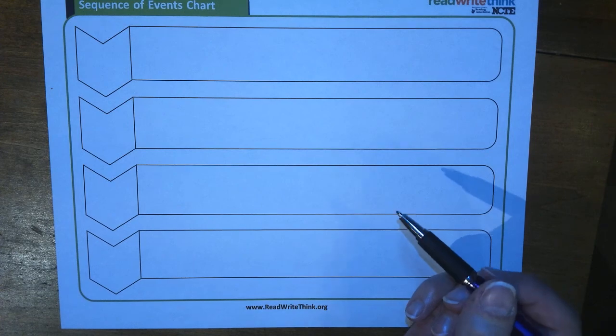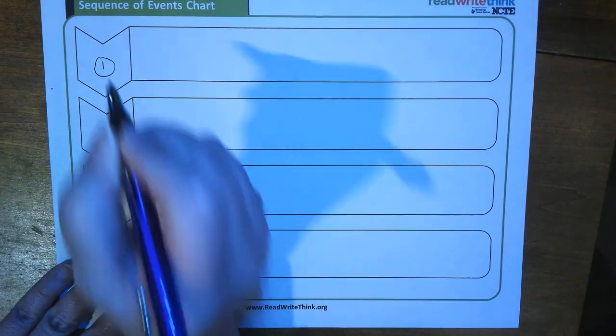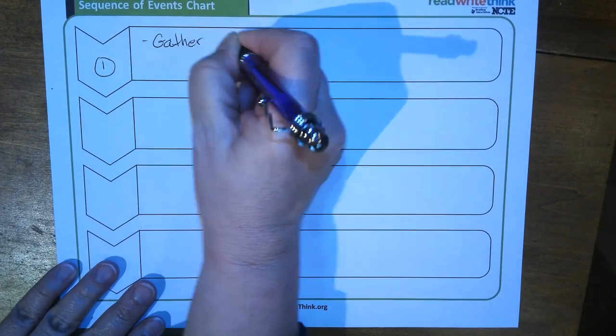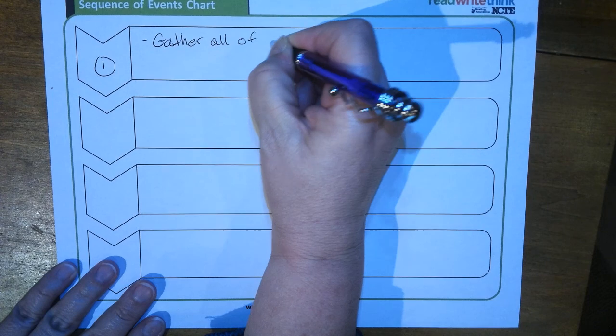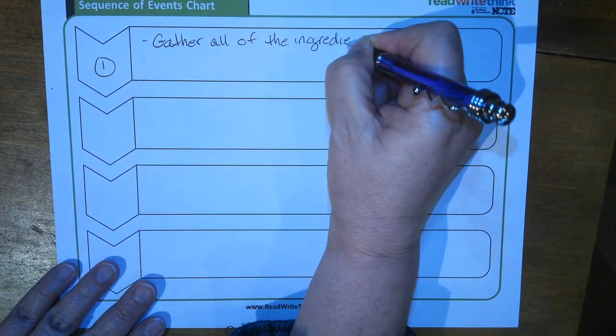I'm going to tell you how I make bread in my bread machine. Okay, so first I gather all of the ingredients. So I get them all out of the pantry and the refrigerator. And what do I use?